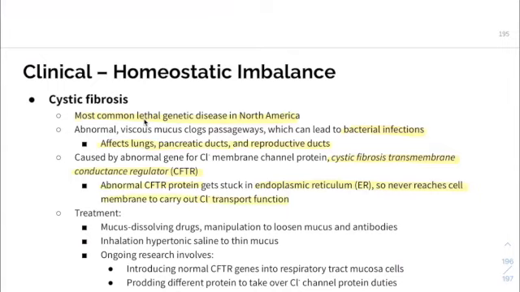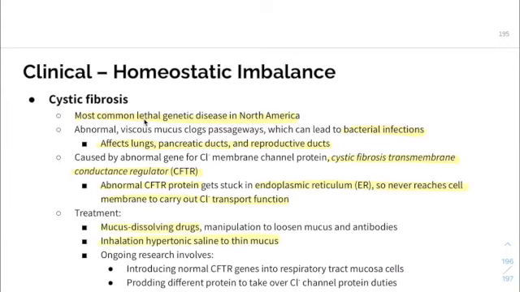We use a mucus dissolving drug. You may inhale hypersaline to thin out that mucus, but they're still trying to find ways to fix this problem.